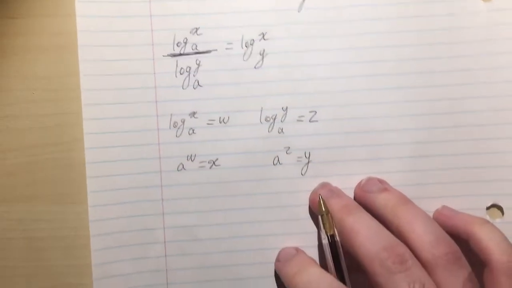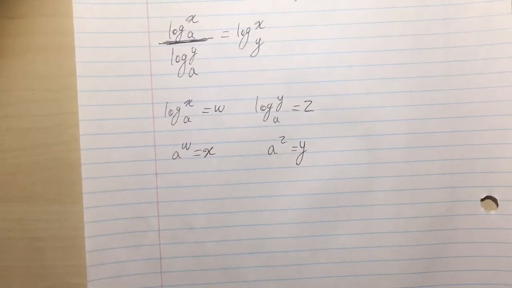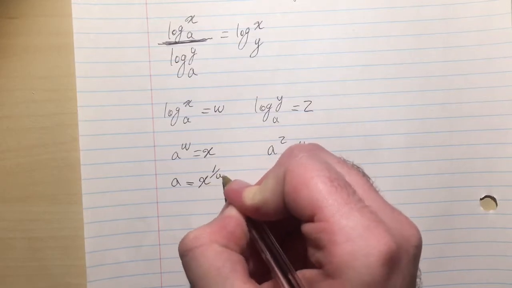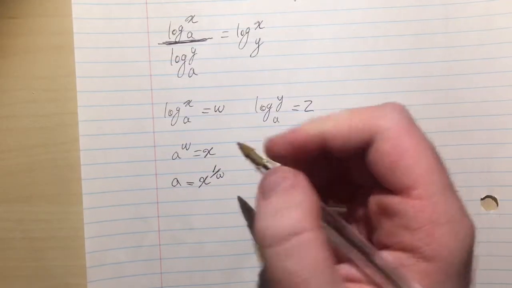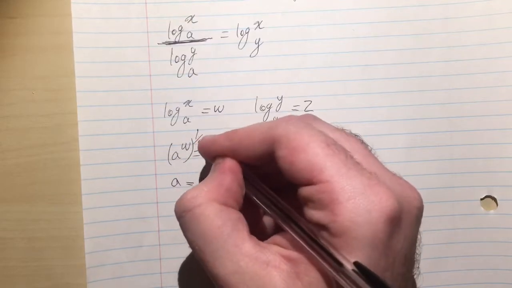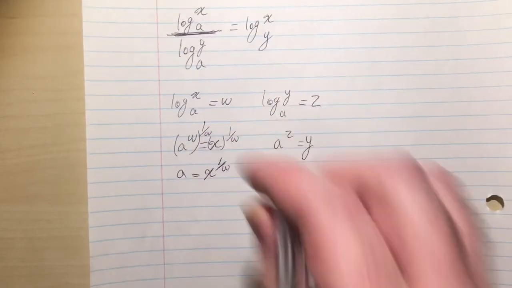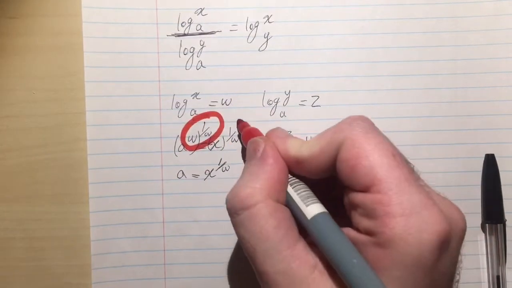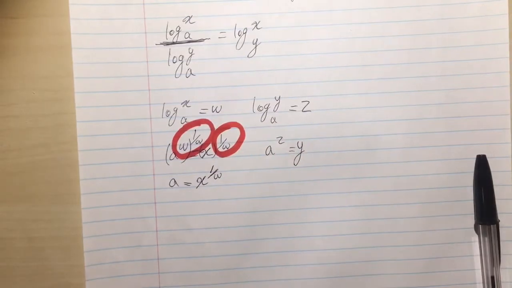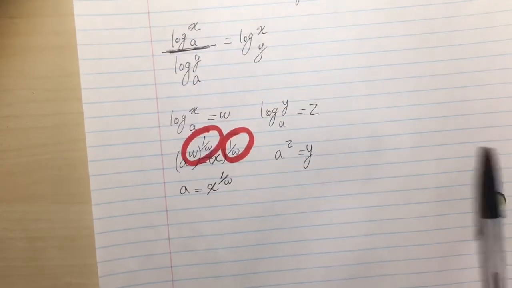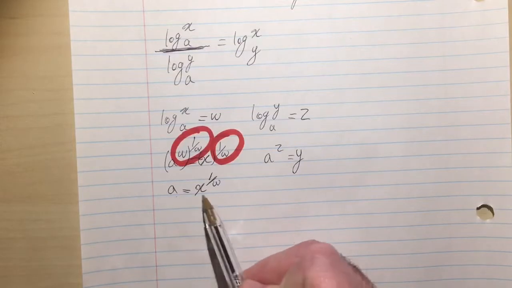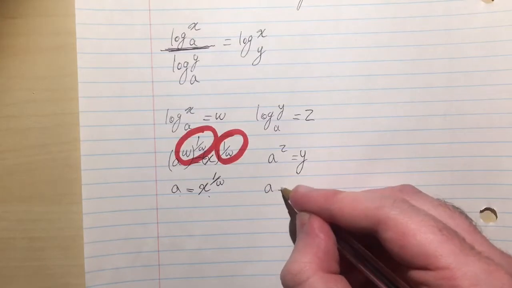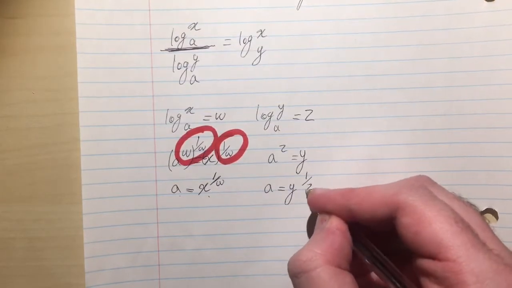Here, can I say that a is equal to x to the 1 over w? I can just raise both sides to the power 1 over w. So I can write a is equal to x to the 1 over w. Same for this one, a is equal to y to the 1 over z.